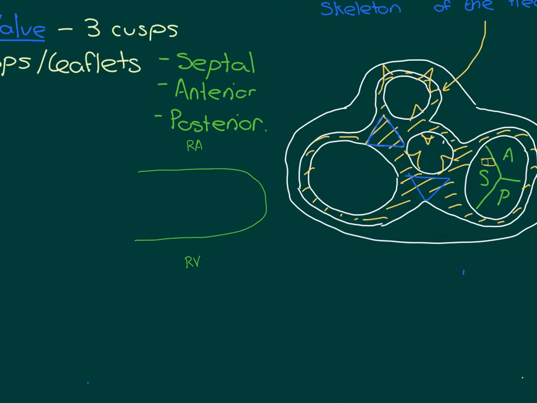So the first thing on the outer side then of this valve is going to be a layer of endothelial cells. So I'll start by drawing those. So here is one endothelial cell with its nucleus. Here's another endothelial cell. Here's another endothelial cell. Here's another endothelial cell. And you get the idea. I will just complete this up now.